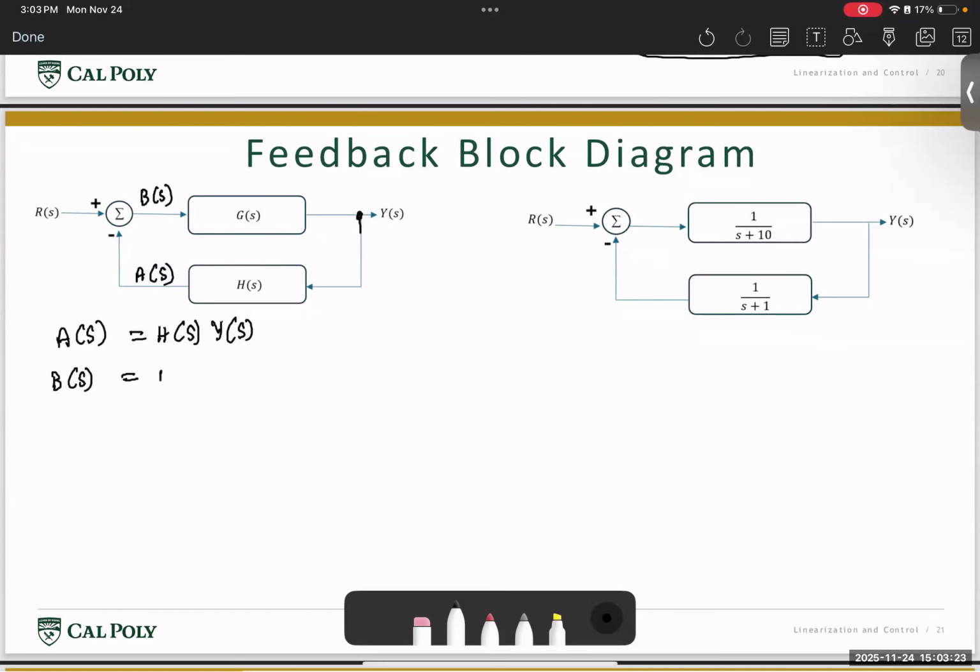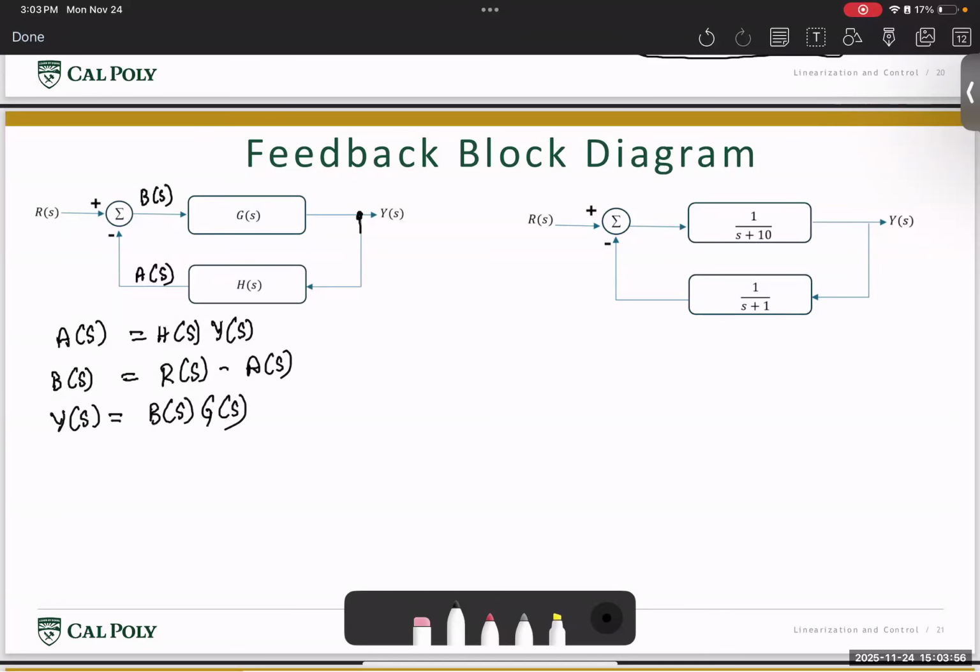I'm going to call that control input U of S, minus, sorry, I called it R, right? So can I say that this B of S is nothing but R of S minus A of S? Correct. And looking at the same block, can I say my Y of S is nothing but B of S times G of S?